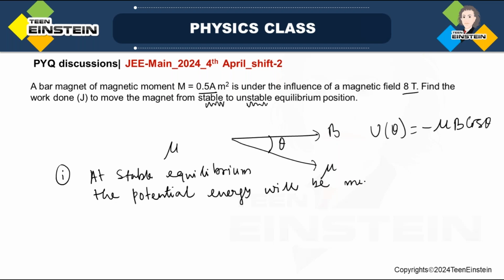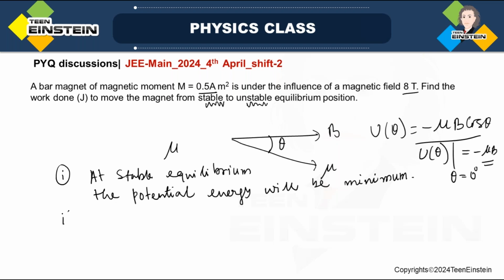Looking at this expression, potential energy will be minimum when theta is equal to 0 degree. That will give you minus mu B potential energy.